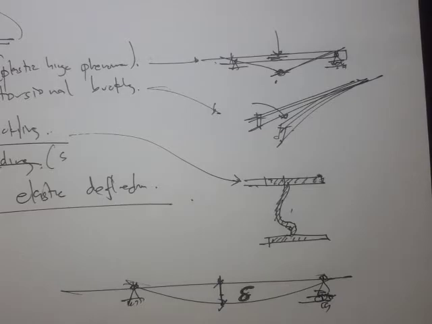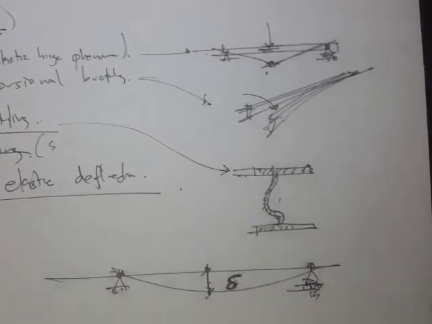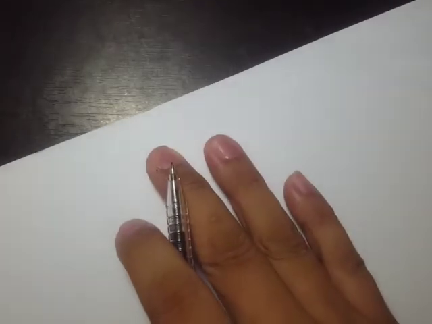Okay, so now let's talk about the nominal strength. So how to find the nominal strength of the flexural member, but again, we'll just limit our discussion to sections with compact flange and compact web.